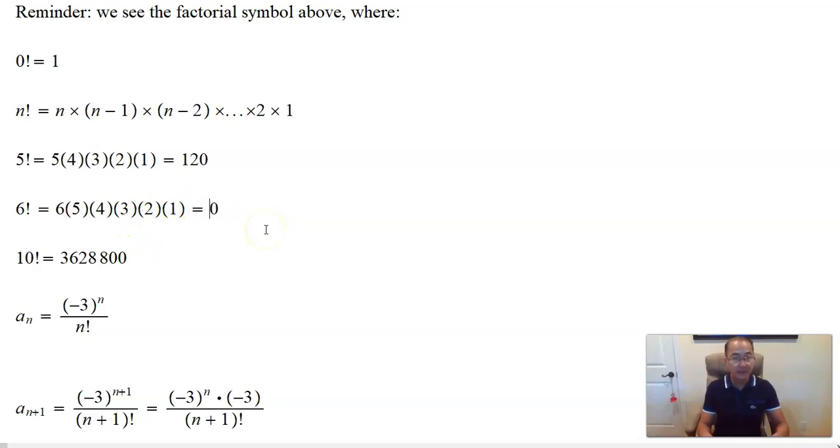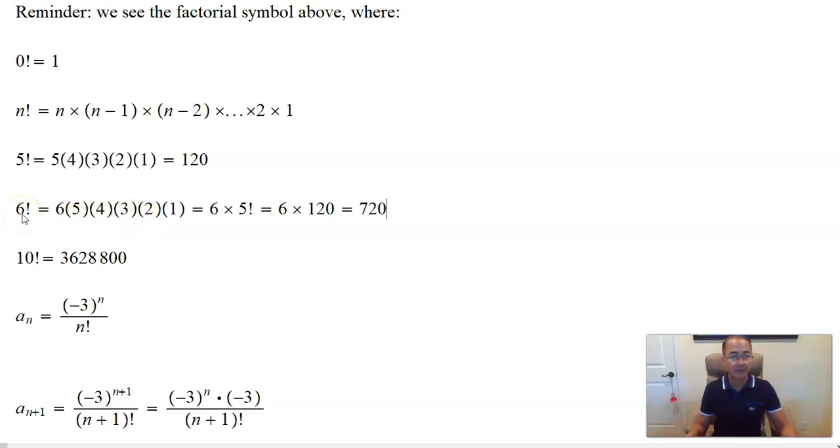We get 6 times 5 factorial, and we know that 5 factorial is already 120. We already computed that, so all we need to do is compute 6 times 120, which gives us 720. Okay? The important thing here is to recognize the pattern.